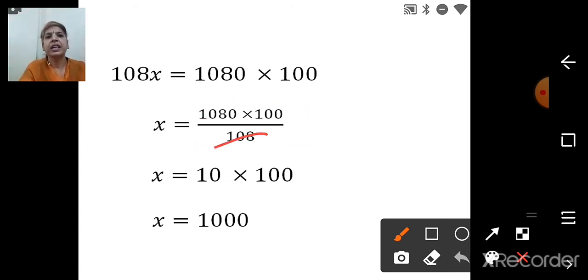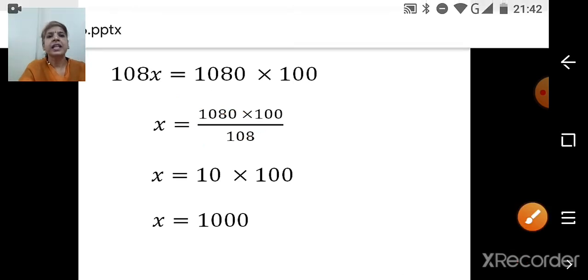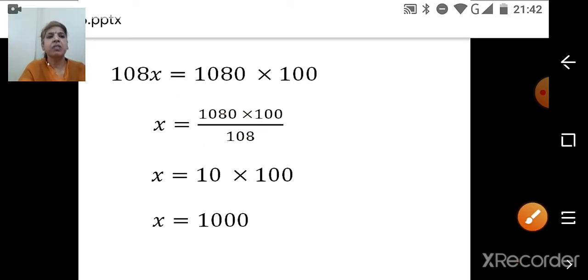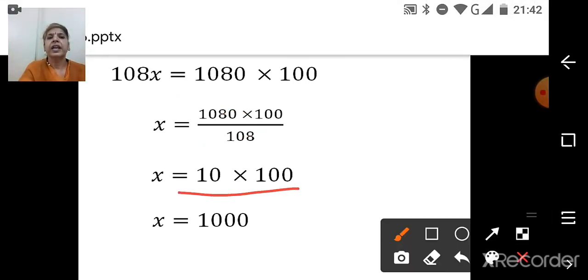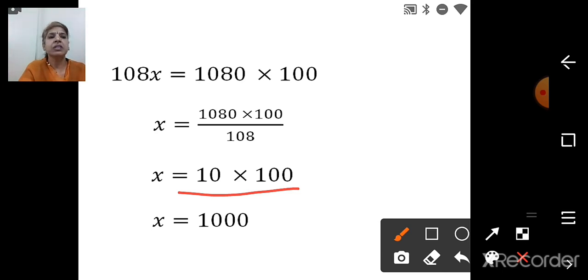So 108 ones are 108, 108 tens are 1080, right? So we get X is equal to 10 into 100. So 10 into 100 is, children, 1000. So X is 1000. And what is X? X is the cost price of the bicycle for which Raju purchased it.